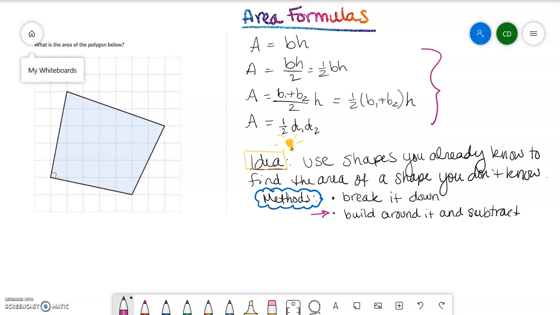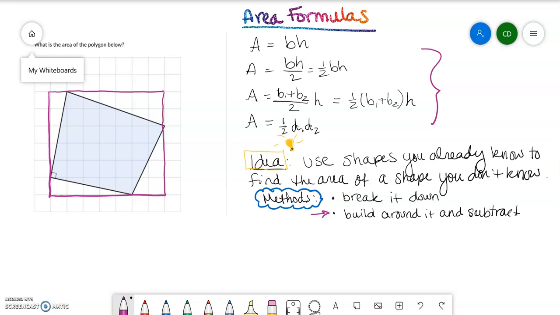So that's kind of what we're going to do. I'm going to build around it. And my favorite thing to build around it is a rectangle. Okay? So I'm going to build a rectangle around this polygon so that the polygon's corners touch the edges of the rectangle. Okay, so you can kind of see what shapes do you see in here.